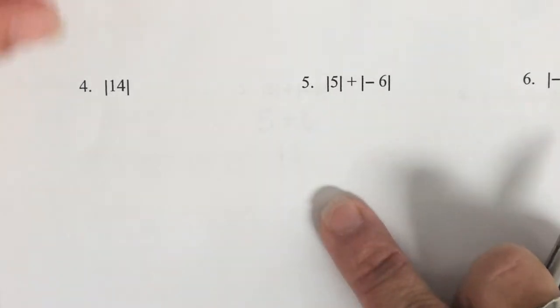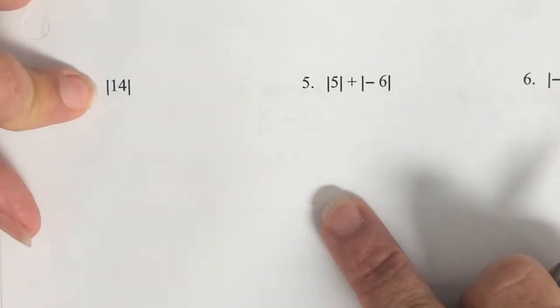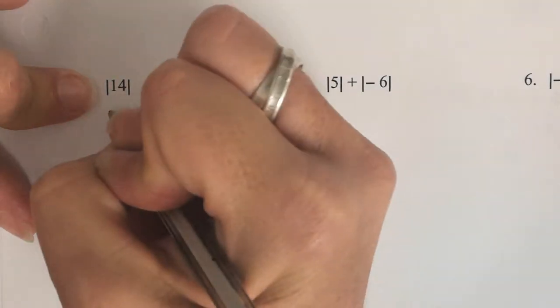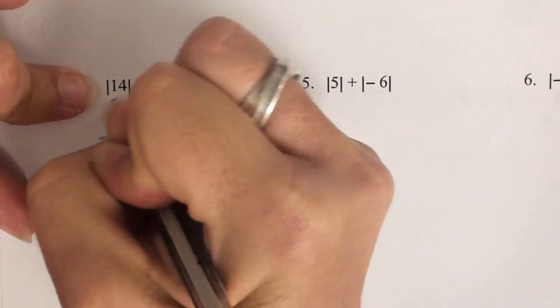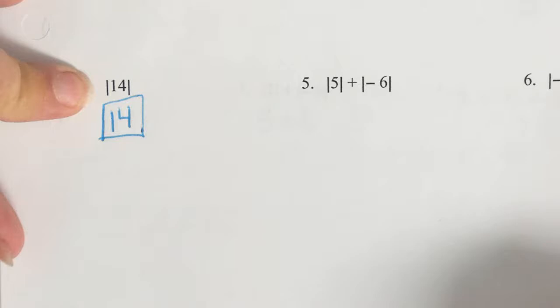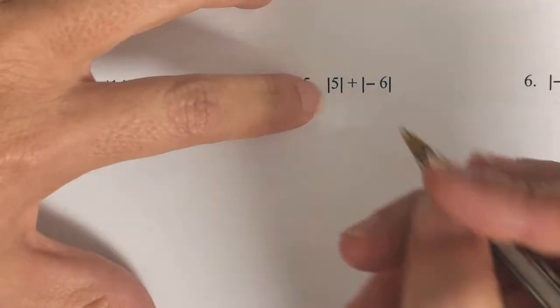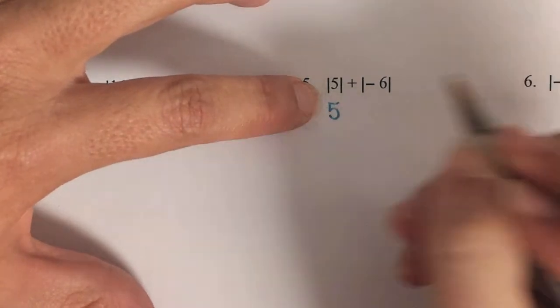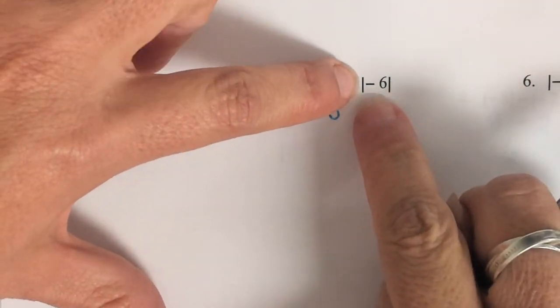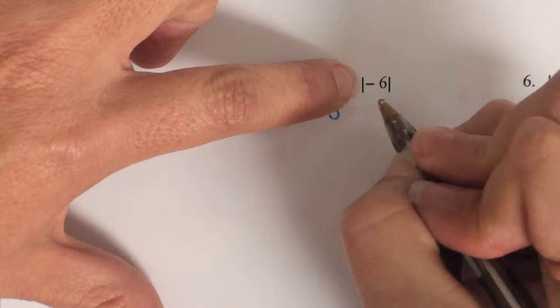Looking at number 4. It's saying, what is the absolute value of 14? 14. Okay, this is one that I call pick it apart. The absolute value of 5 is 5. Okay, the absolute value of -6, 6.